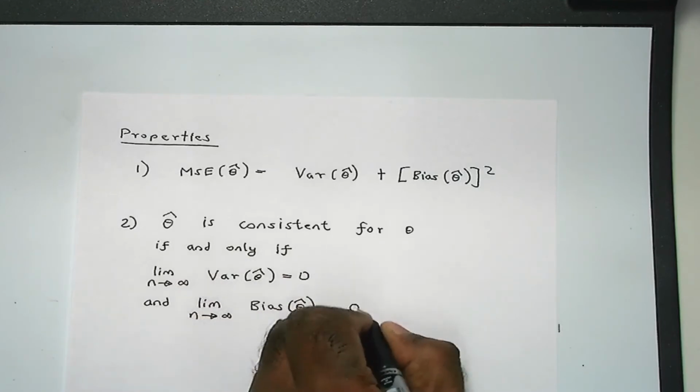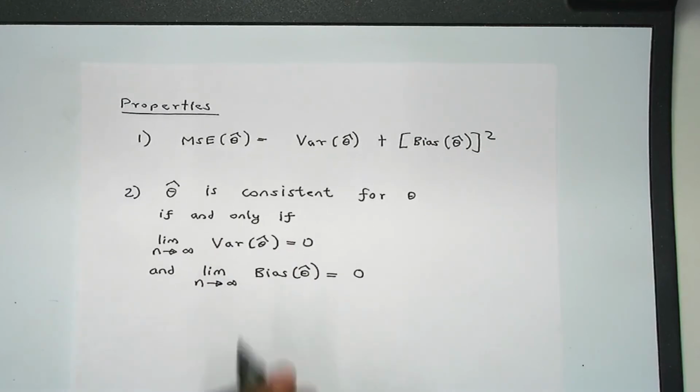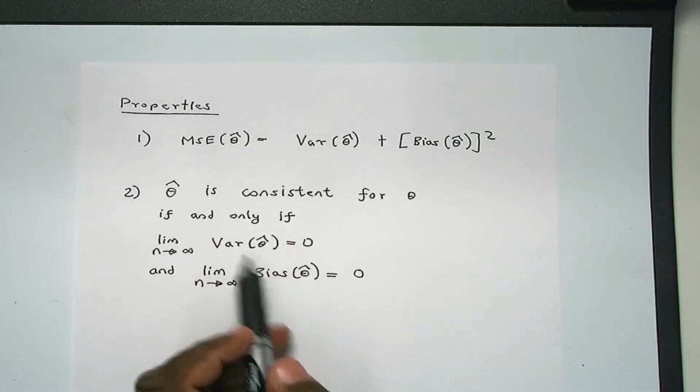Property 2, right, it says that an estimator is consistent for theta if and only if these two statements hold.